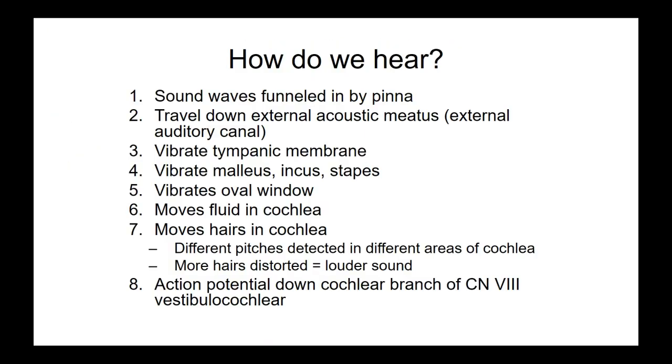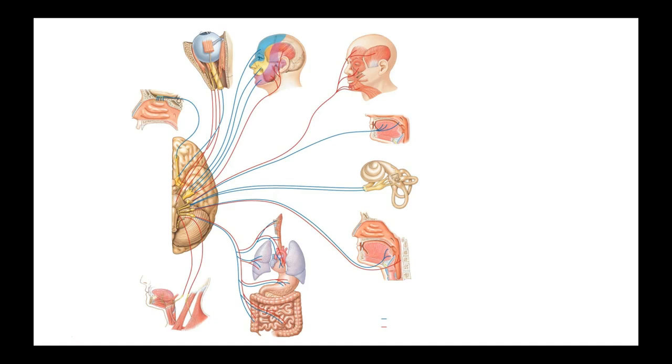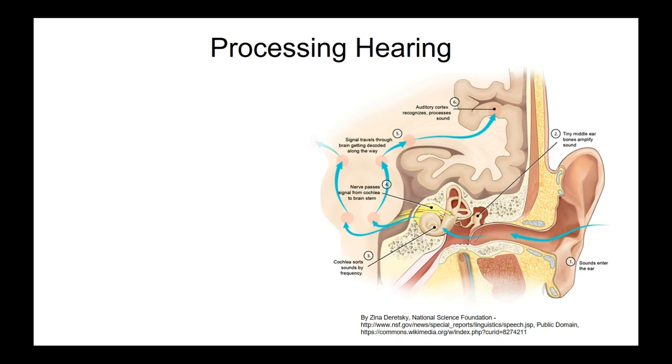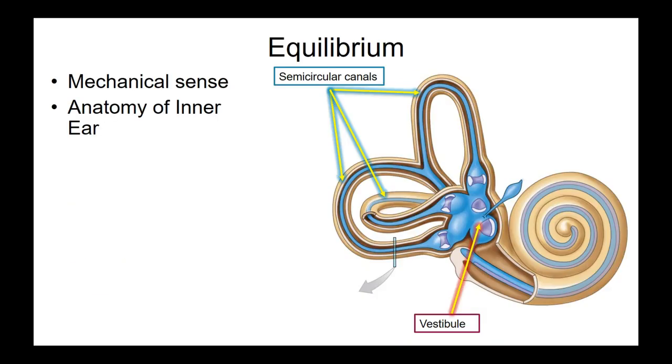Just be sure for each one of the senses that we talked about that you understand the sequence of events that generates that sensation and where it's routed in the brain for being interpreted, identified, and so forth. So for equilibrium, we're focusing on this part of the ear with the semicircular canals and the vestibule.